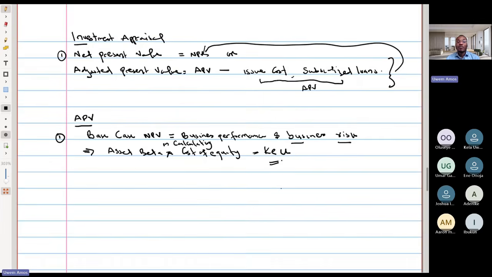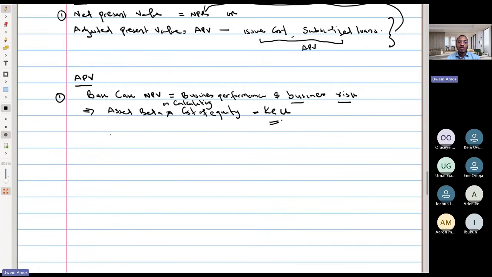The second part of our computation is trying to determine the impact of our debt financing decision. That is what we call the financing effect. Under the financing effect, you're going to consider issue cost, because generally when you raise finance from an external source, you incur some form of issue cost. You're going to look at interest payments.